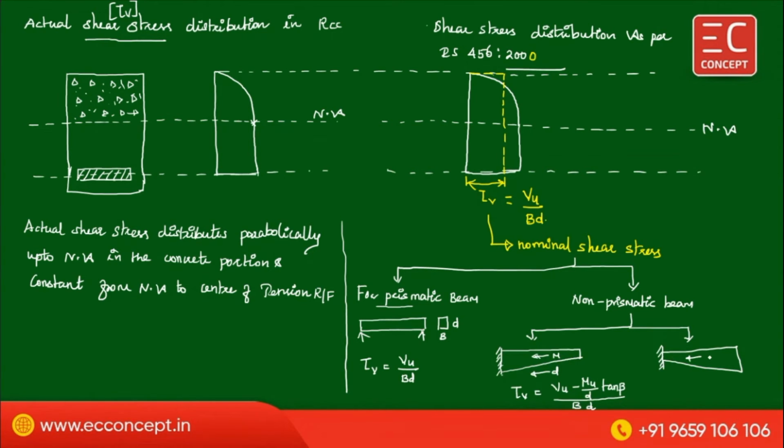We know that moment increases in this direction M, but the depth increases in the opposite manner D. Therefore, in this case, tau v is equal to Vu plus Mu divided by d into tan beta, the whole divided by b into d. This is for prismatic tau v. This is for non-prismatic, which was said by IS 456 2000. So I have to keep this in my mind. Okay.